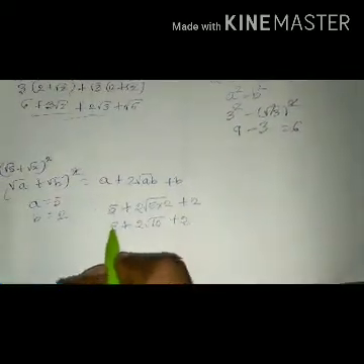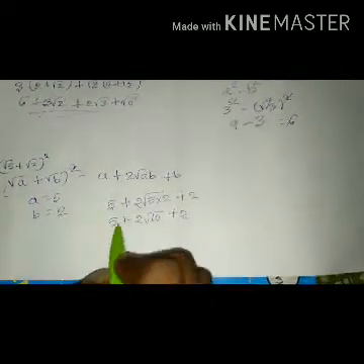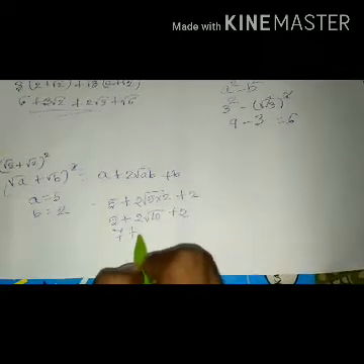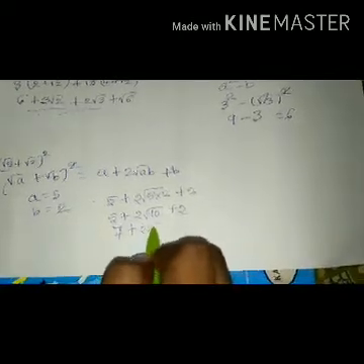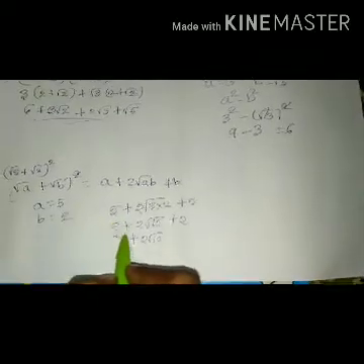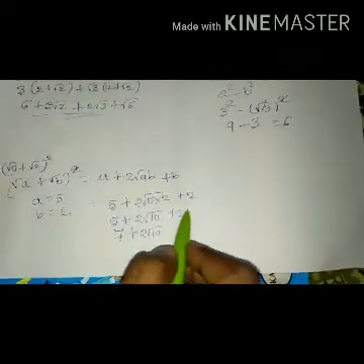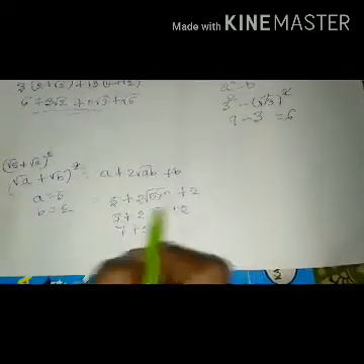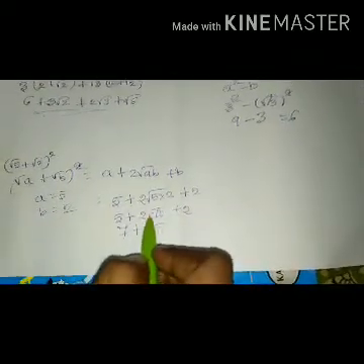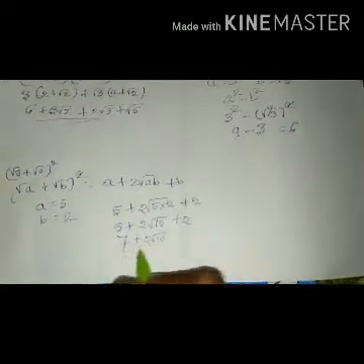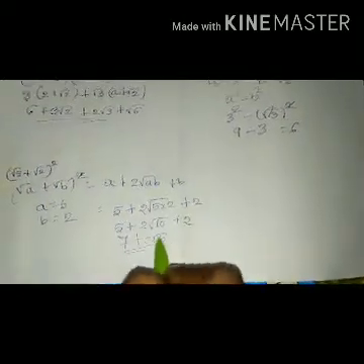Add these two numbers, 5 plus 2, that is 7, plus 2 root 10, which is an irrational number. So we can only add rational and rational or irrational and irrational. So we have two rational numbers 5 and 2. The sum of these two numbers is 7, and we are left with one irrational number, that is 2 root 10. So its value is 7 plus 2 root 10.